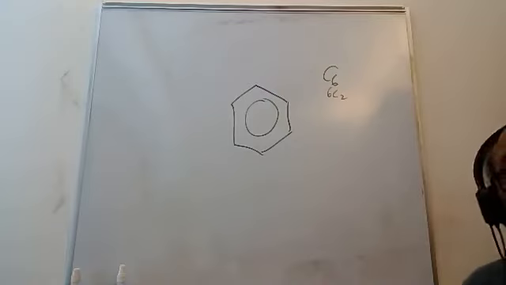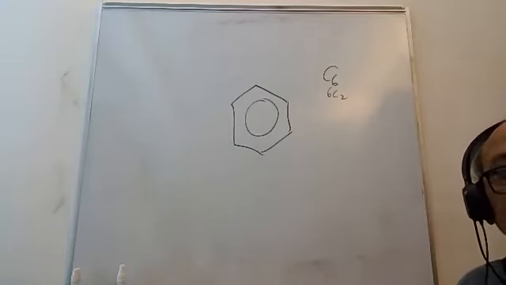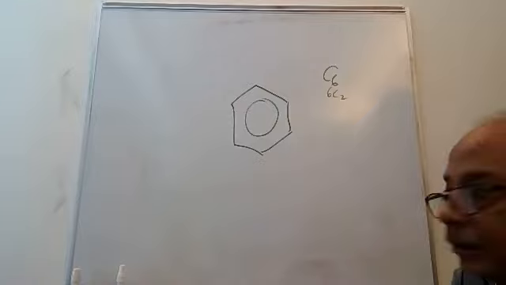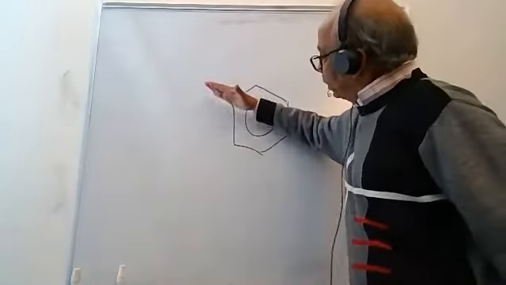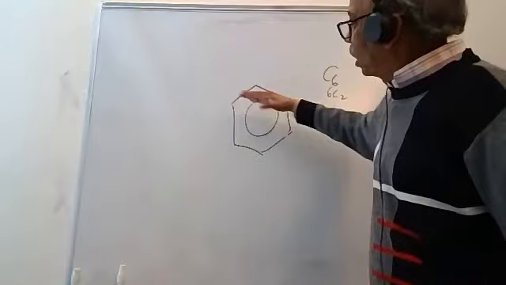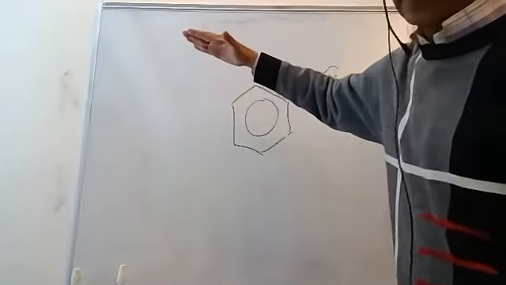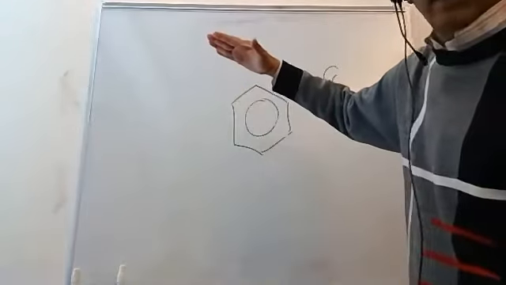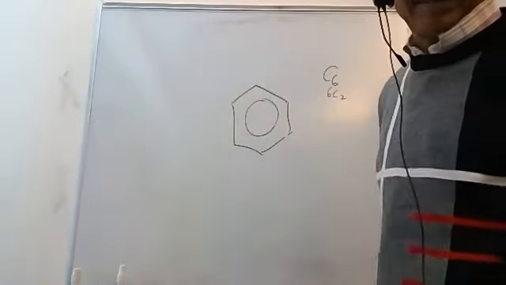Does it have sigma V's? If you can think of a plane that joins these 2 carbon atoms and comes around this, that's perpendicular to the board here, which means it contains the C6.